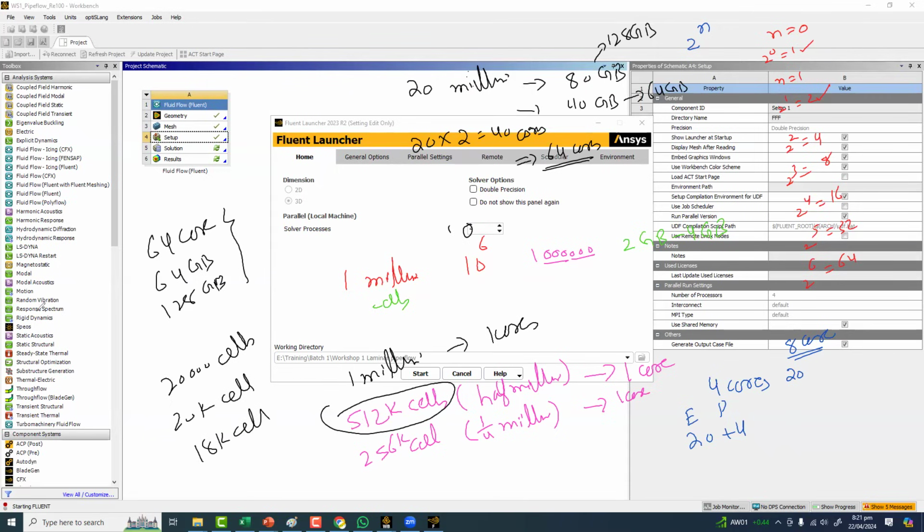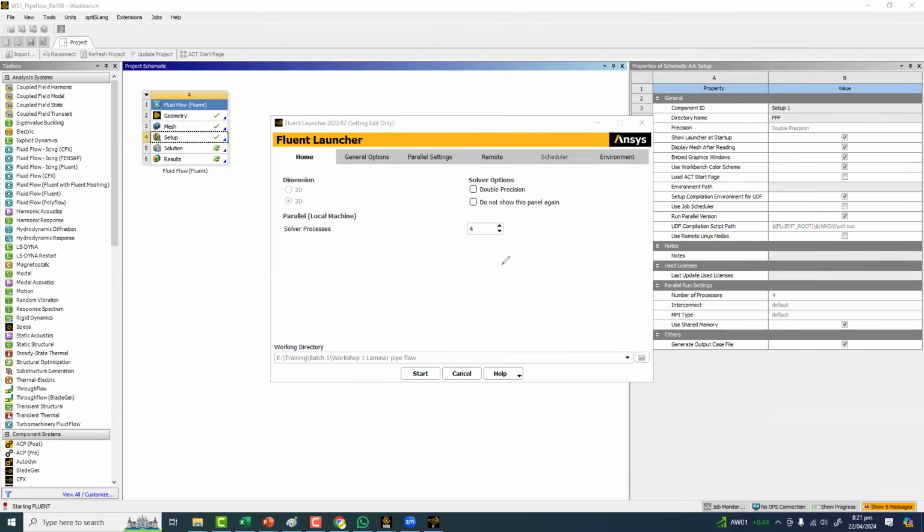Okay. So then the question is what will happen if you choose more cores? Actually, more cores means that we have the cores here, and they have the cache memory, and then they have the proper RAM here, and they have the hard disks. They can be SSD or maybe hard disks.